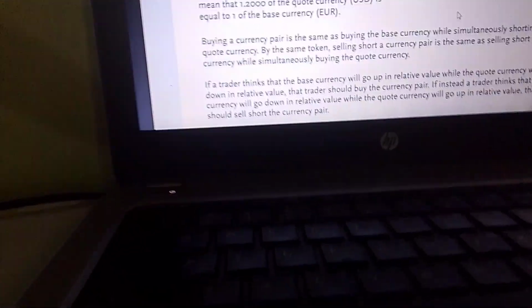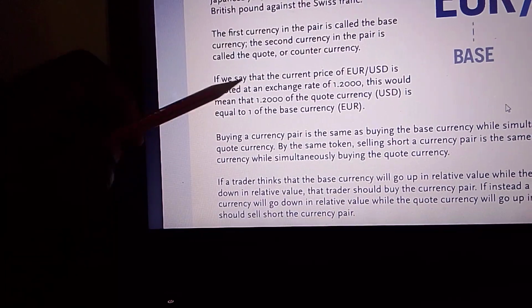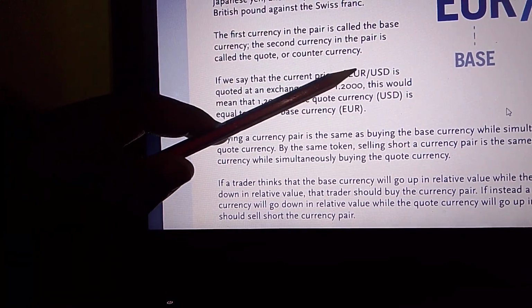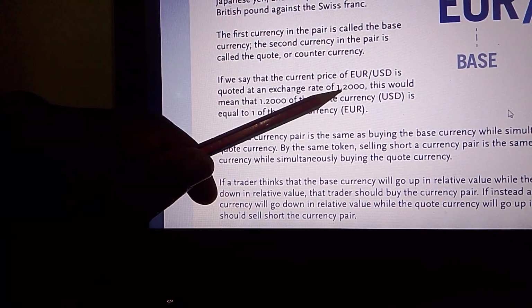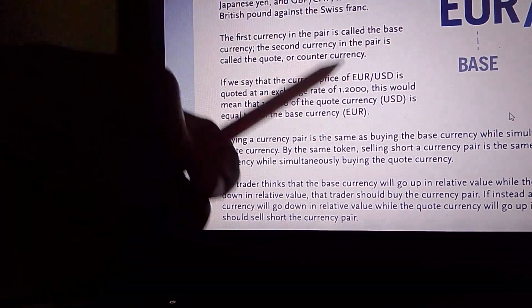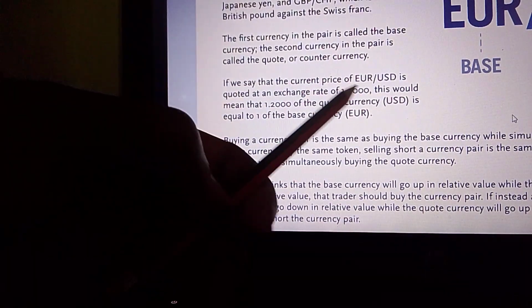Seems a little interesting. Let me tell you what I've understood from that. If the current price of Euro USD is quoted at an exchange rate of 1.2, let's just call it 1.2, and these zeros are insignificant right now.